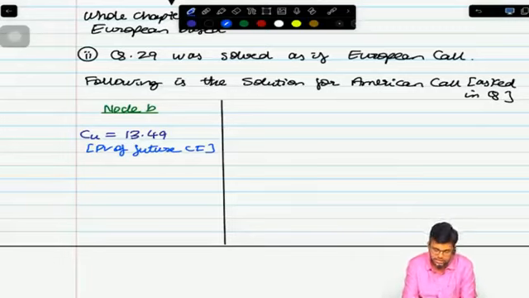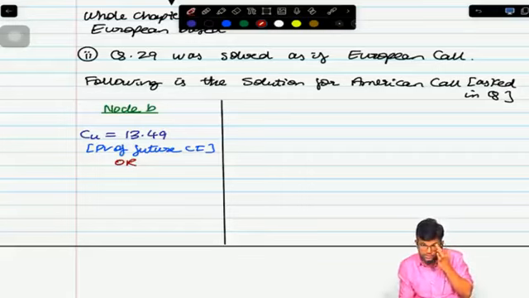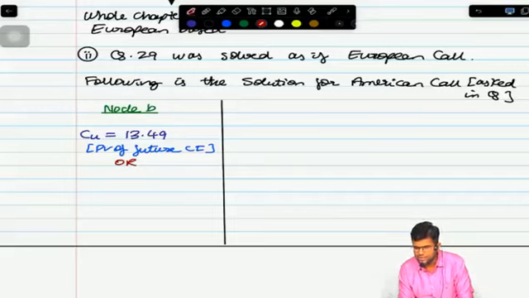Now see, listen carefully. Now this is tricky, please. Students, go to the binomial tree and tell me what is the SU at node B. 60. Everybody there? 60.